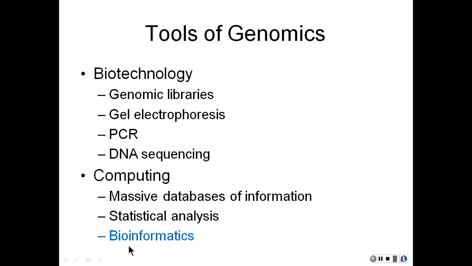It kind of melds computer science with biology, and it's all of the tools that are needed to manage and analyze this information. So there's just a whole new field that was created because of the need to deal with this data.